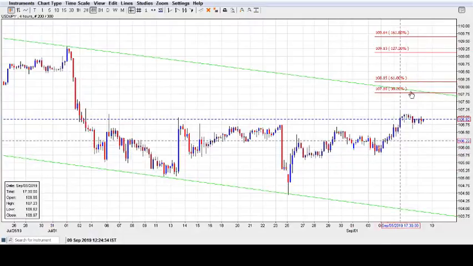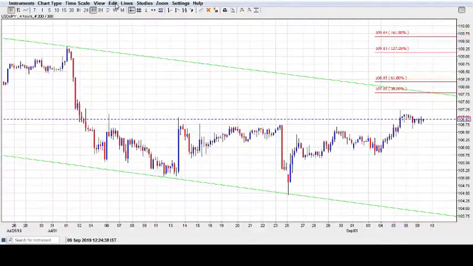So that could be the termination point of wave 3, and then the structure would ideally look like this.